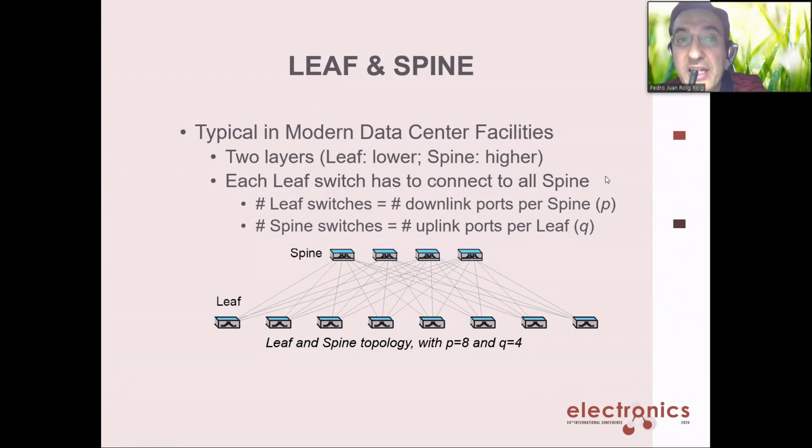The number of leaf switches is equal to the number of downlink ports per spine, given by variable P. And the number of spine switches equals the number of uplink ports per leaf, given by variable K, right? And here we have an example of a full mesh topology between all leaves and all spine switches.